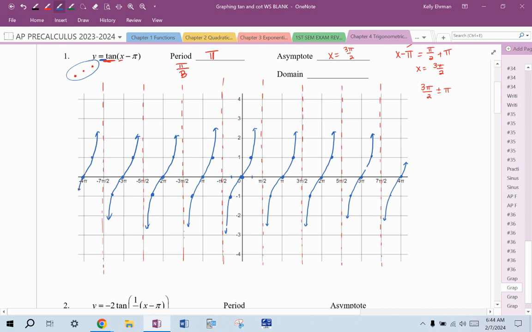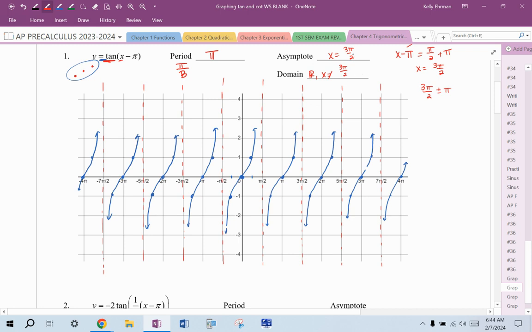Okay, for the domain, now the domain is kind of like secant and cosecant. It's sort of the same formula every time. Pick an asymptote and add to that the distance between asymptotes. But for tangent, it's even easier because you can say pick your answer for asymptote. So all reals, x is not equal to 3 pi over 2.